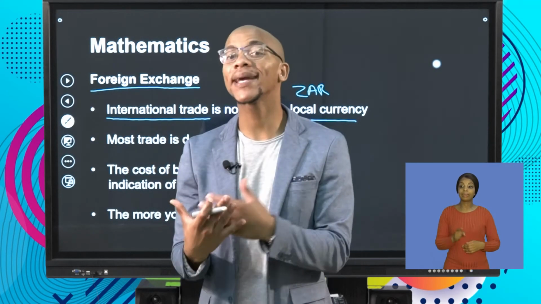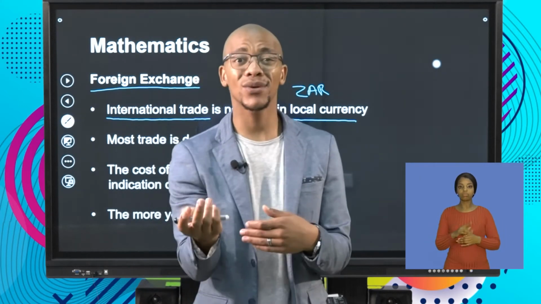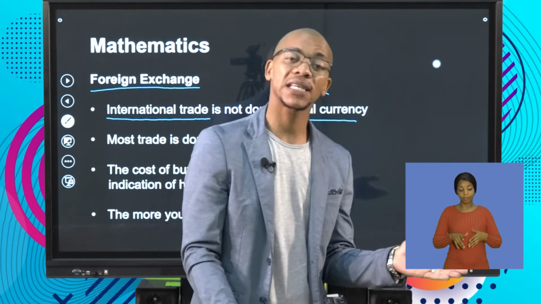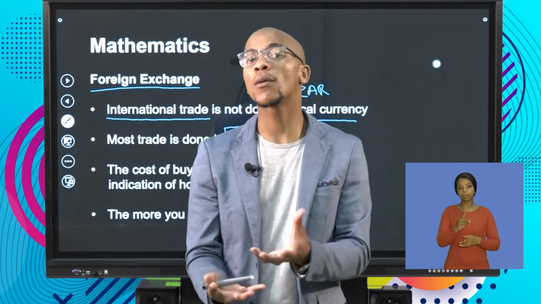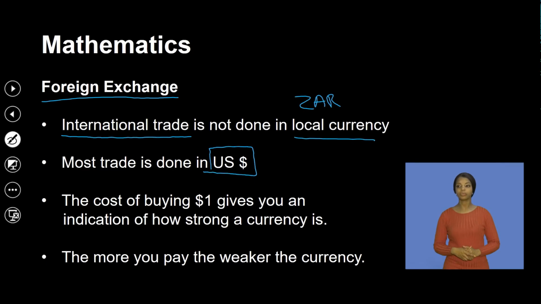So this is what makes it easier for us to buy things maybe in the US or in England when we are here in South Africa. That's the most common trade being used. And the cost of buying $1 will give you a clear indication of how strong a currency is.